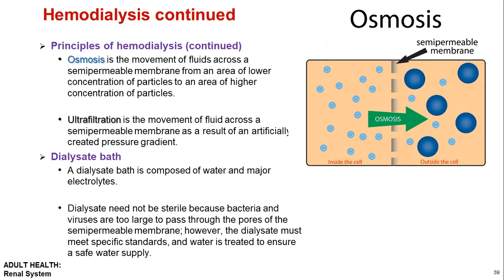On this page, we are going to the principle of hemodialysis. Let me read it. Osmosis is the movement of fluid across the semi-permeable membrane from an area of low concentration of particles to the area of higher concentration of particles. So these are the two areas, right? Where the concentration is less, fluid goes through to that area.